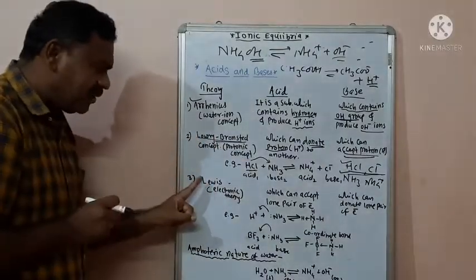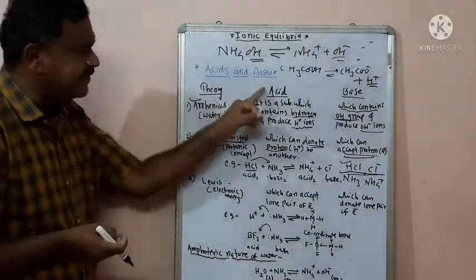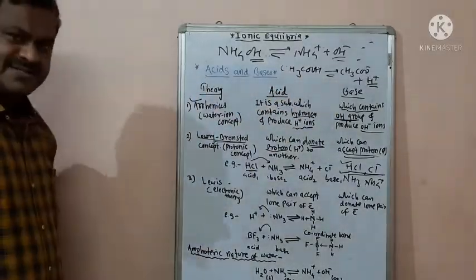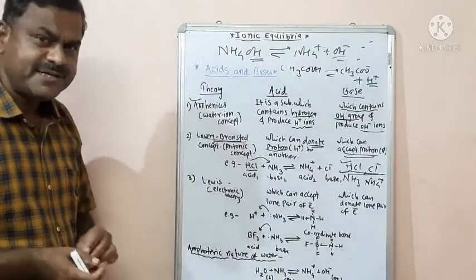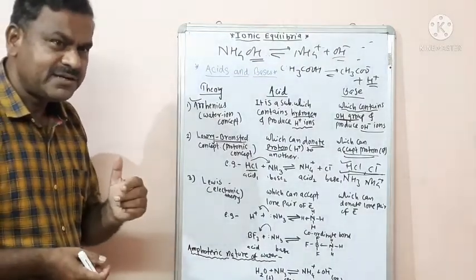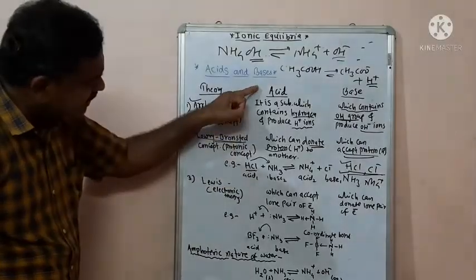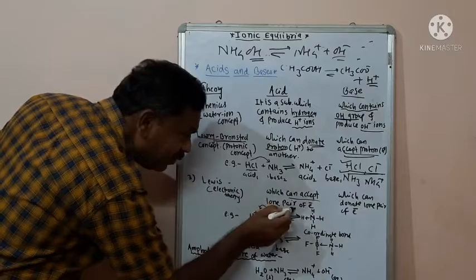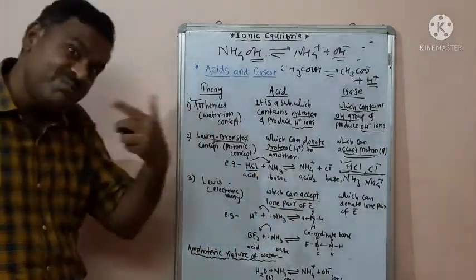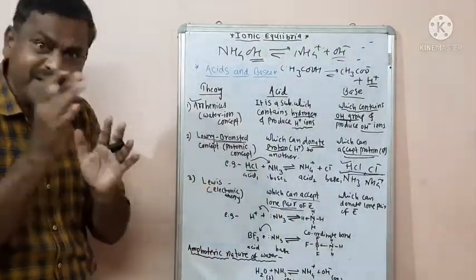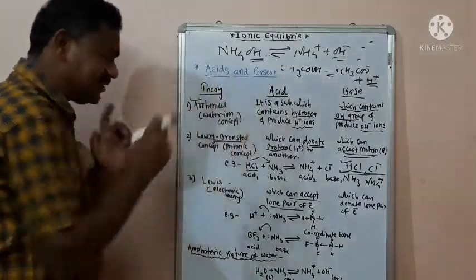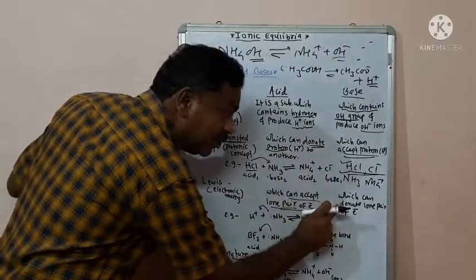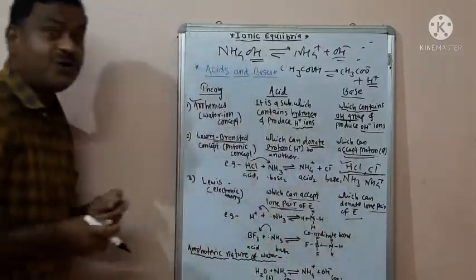Now, the electronic theory, or Lewis concept, of acids and bases. According to Lewis, how can we identify an acid? An acid is a substance which can accept a lone pair of electrons, and a base is a substance which can donate a lone pair of electrons.